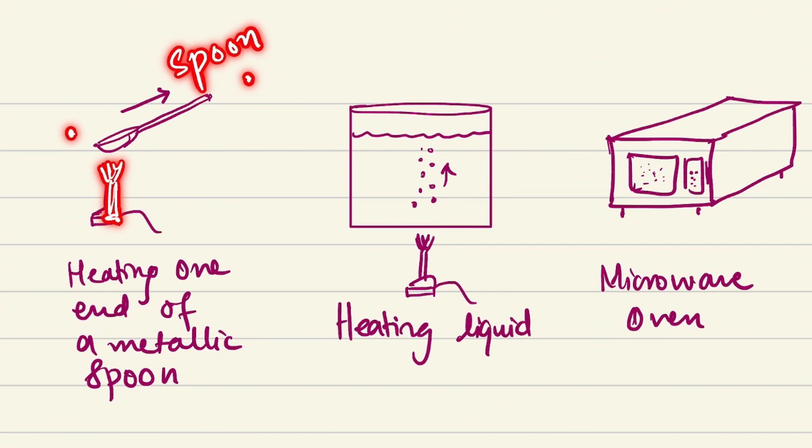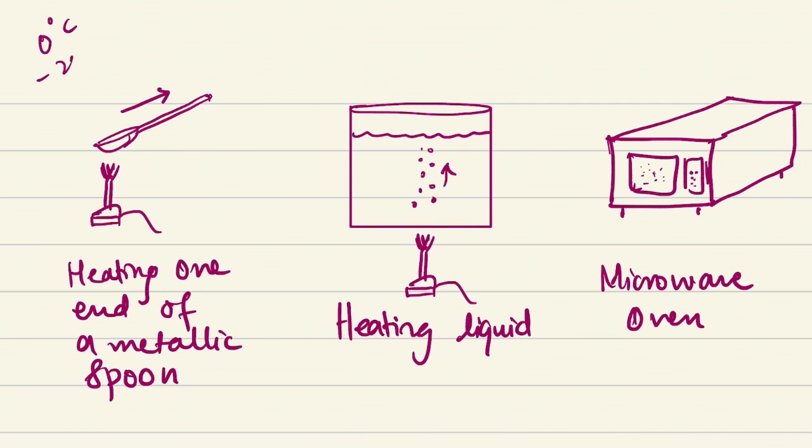Now as the atoms and molecules at this point of the metallic spoon start vibrating more and more, just make sure that in our previous video we discussed temperature, and we said that even at 0 degrees Celsius the atoms and molecules still vibrate. It's not that atomic vibration goes off at 0 degrees Celsius. So we can always say that we are heating something at 0 degrees Celsius. We are heating at minus 20 degrees Celsius, and we are not wrong here.